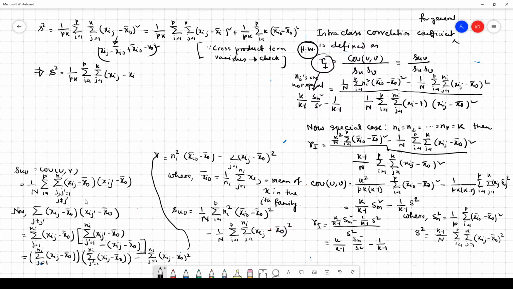Then you see that we can write this formula in that way, with j not equal to j dash, because we consider only the permutation part.